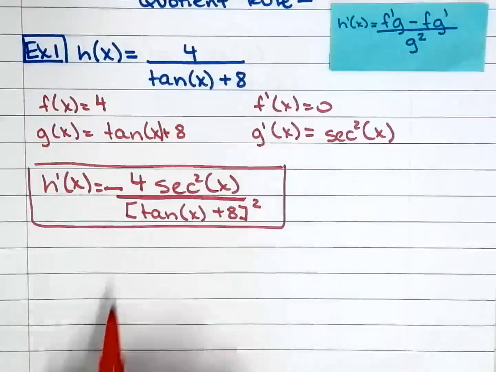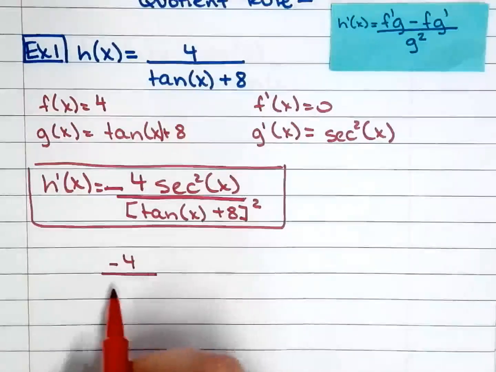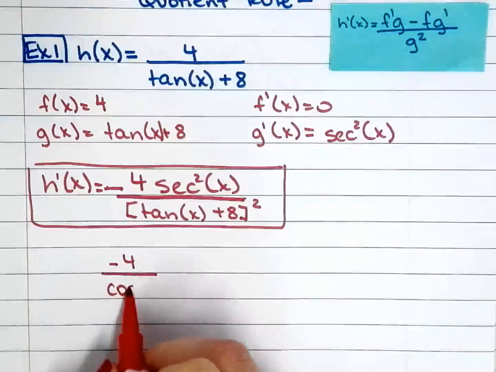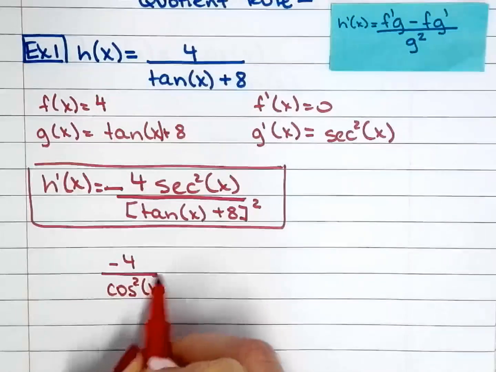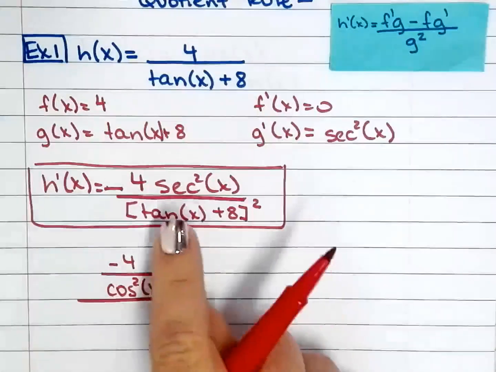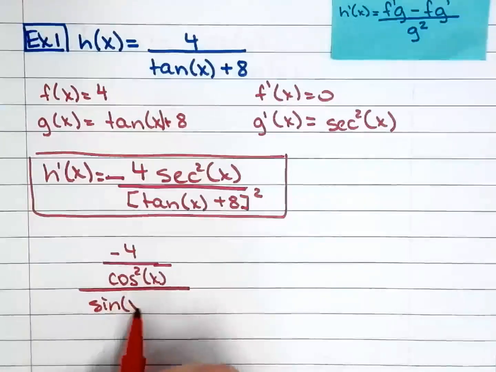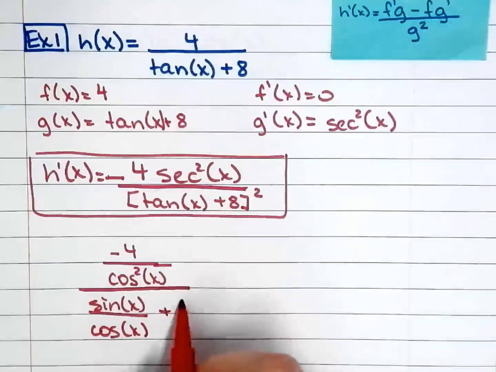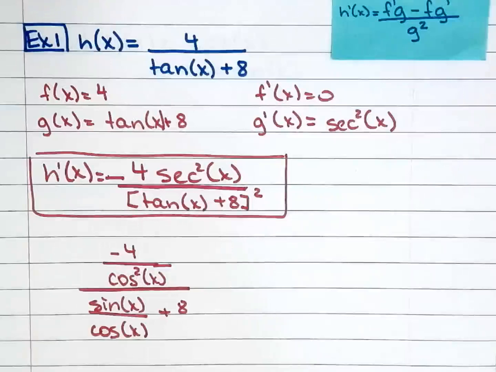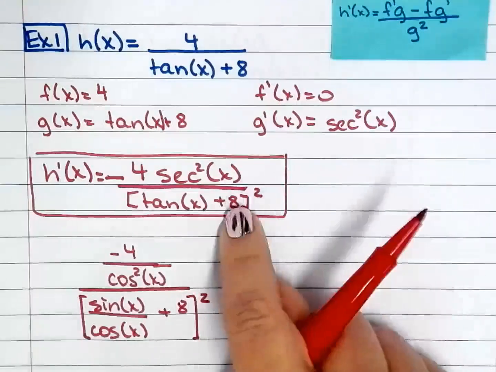Negative 4 over cosine squared of x. Now, I know tangent is sine over cosine plus 8. Okay, and all of this was squared from here.